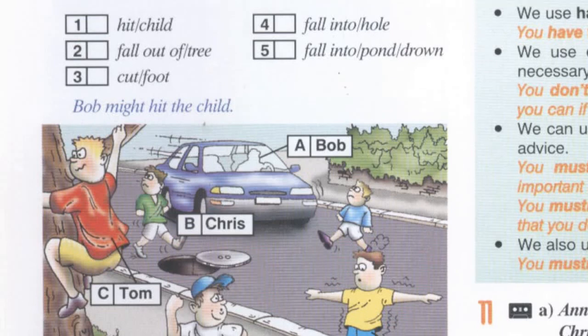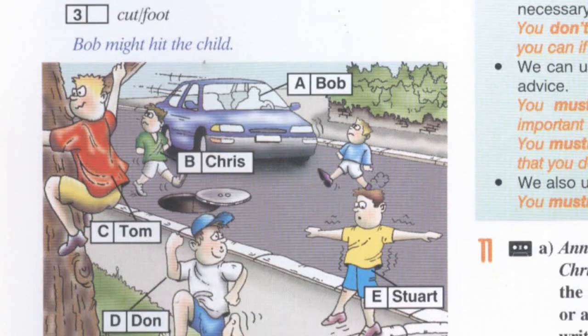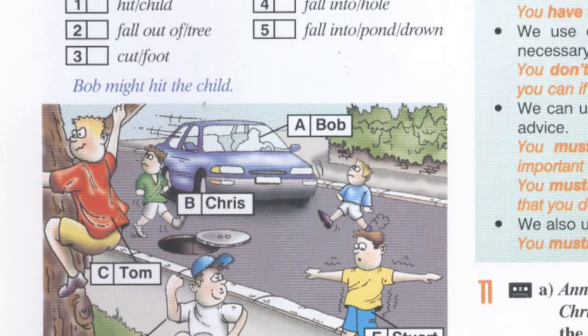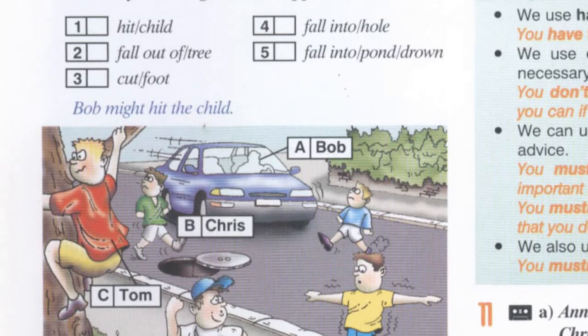Okay, how about number 2? And number 2 is fall out of tree. Okay, C is the correct match. Well done. Tom might fall off tree, or might fall out of tree.